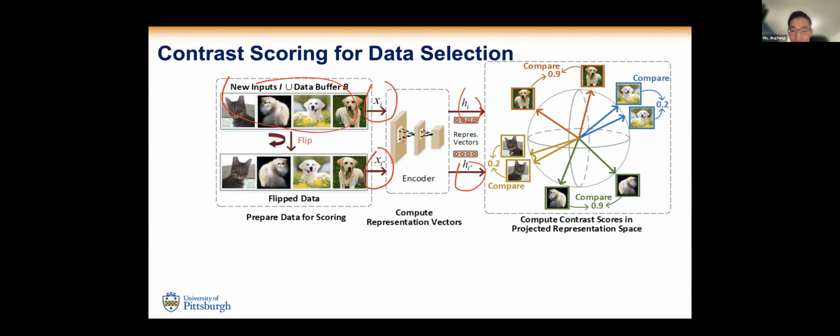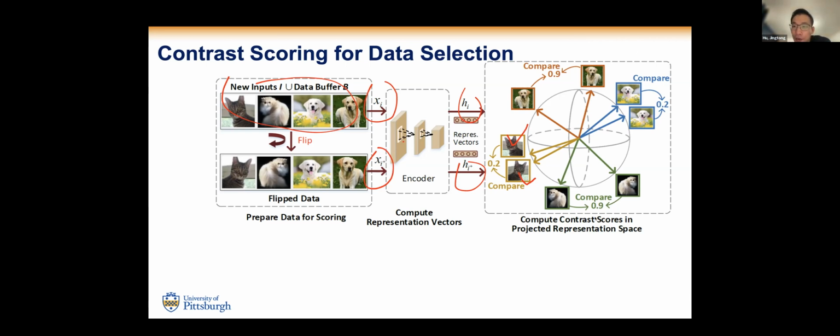The idea is this: for example, if this black cat and its flipped image have a very small score, it means the model can recognize that they are the same thing. That means the model has already learned well how to extract features from this cat.